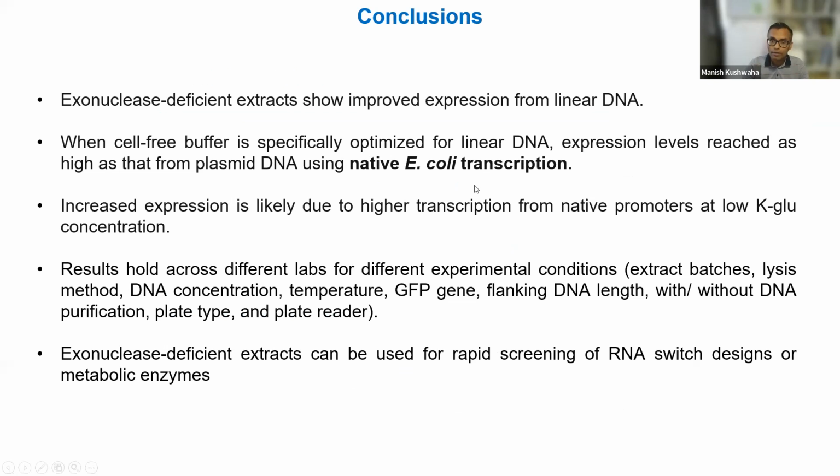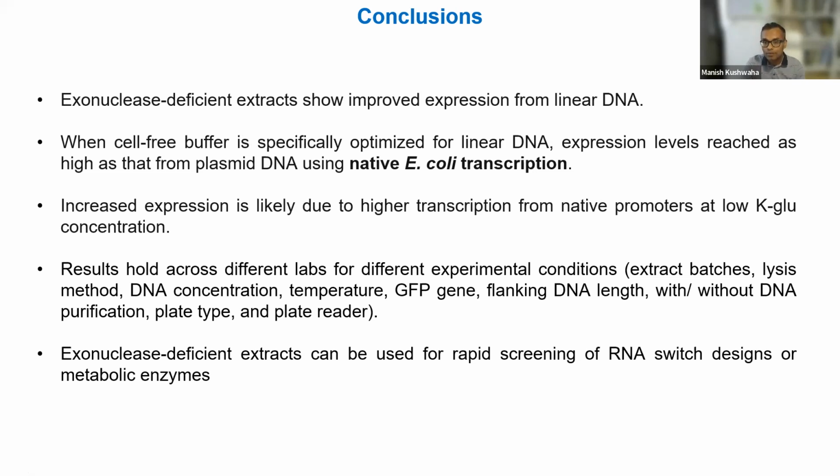So I'll just quickly, before I wrap up, summarize the main points. We showed that exonuclease-deficient extracts improve expression from linear DNA. We also showed that when using native E. coli transcription, cell-free buffers should be specifically optimized for linear DNA, and that the optimal settings from plasmid DNA do not work as well.